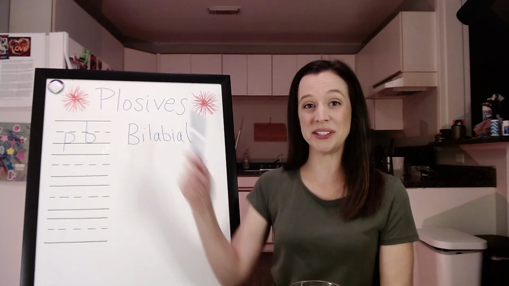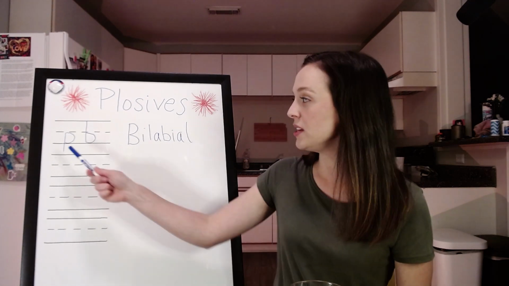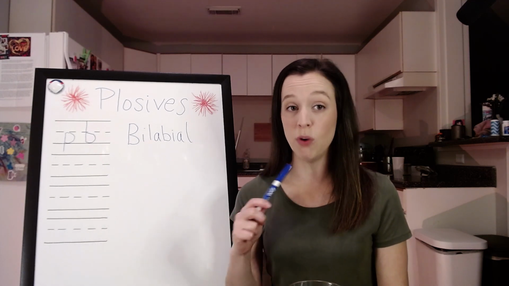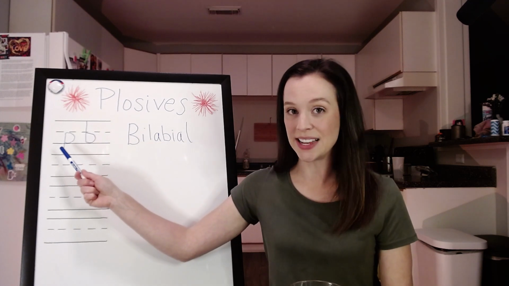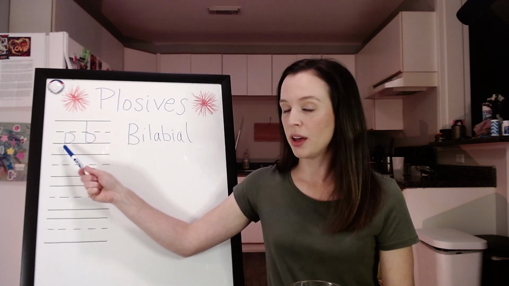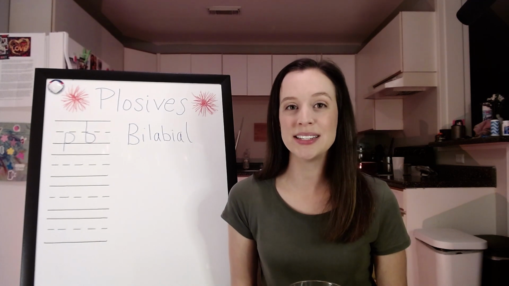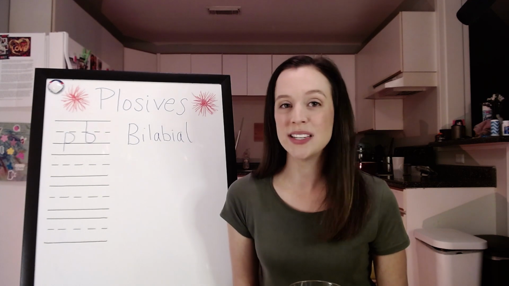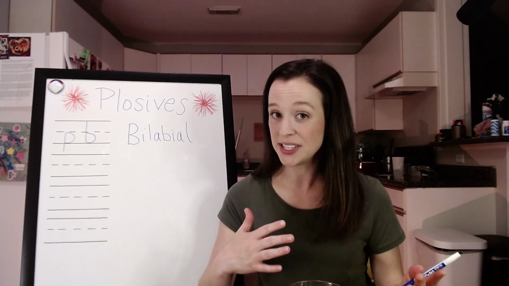bilabial plosives. And I want to take a quick minute to talk about these 2 sounds. They're both bilabial plosives, but one is voiced, b, and one is voiceless, p. So what that makes them is cognate pairs, which basically means they're made in the exact same way, but one is voiced and one is voiceless.